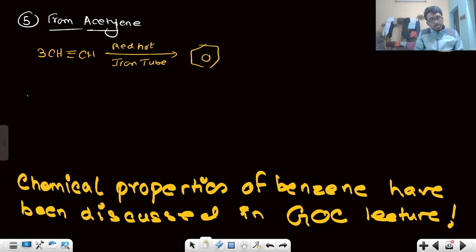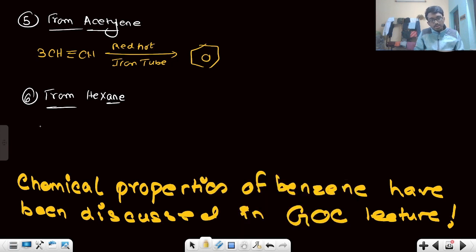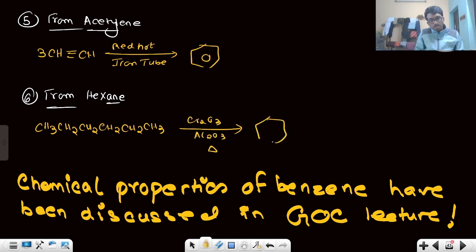Another one is also there that I have not mentioned over here. That is from hexane, from an alkane. That is through a polymerization reaction. Remember, from hexane, CH3CH2CH2CH2CH2CH3, with Cr2O3, Al2O3, and heat, you get benzene plus 4H2. Right? So these are the things you need to remember.